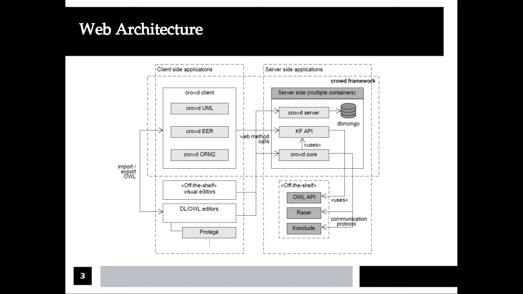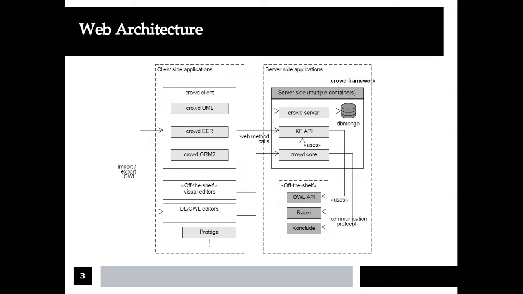The framework developed implements the interaction between a Crowd client and multiple applications on the server side via web method calls. The client is a web application implemented with the Angular framework and JavaScript plugins.